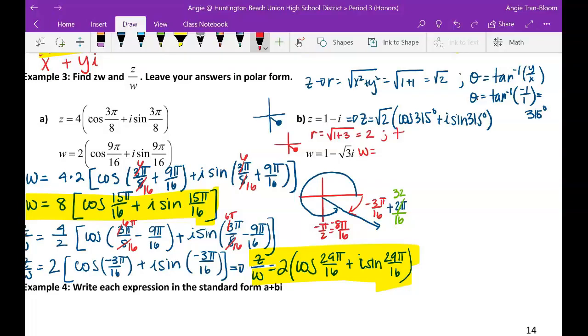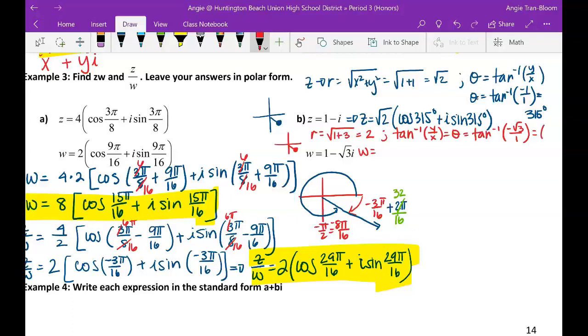I will now attempt to find theta. Theta is always tangent inverse of y divided by x. So tangent inverse of y is negative rad 3, x is 1. We're in quad number 4. If you put this in your calculator, it would totally give you a negative answer. Yes, it will give you -60, but we can't have a negative angle for theta.